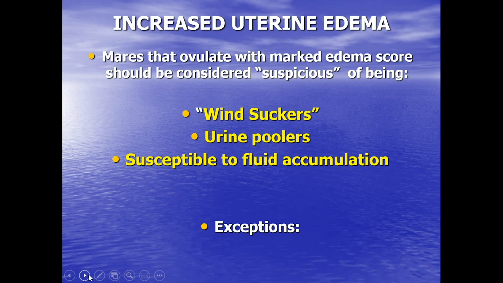If it becomes actually free fluid in the uterus, well, it's only one step back from that to have endometrial edema. So mares that ovulate with a marked edema score, as we know, in most cases the edema score is lessening in that 24-hour period preceding ovulation. Consider them as windsuckers, urine poolers, possibly susceptible to fluid. You've got to look at all those three aspects with them.